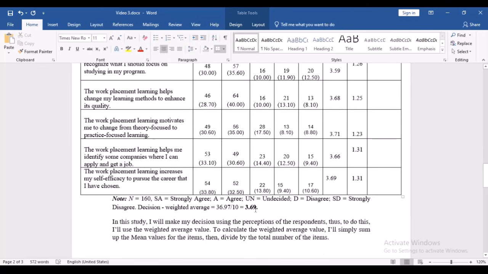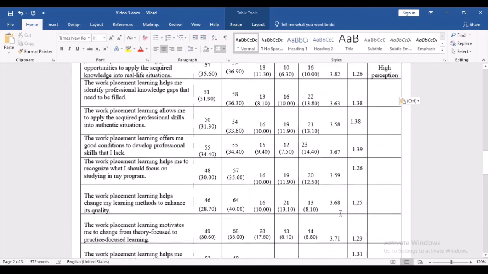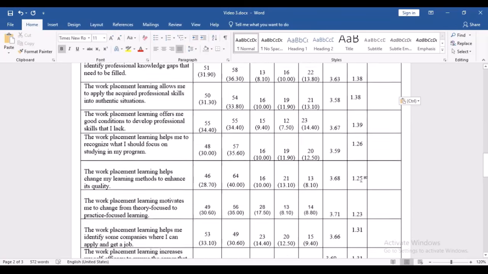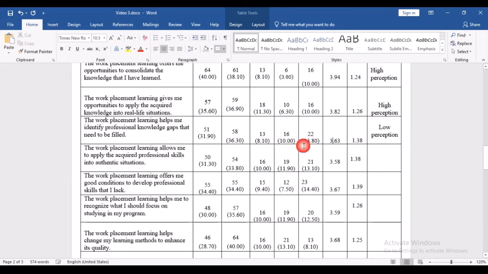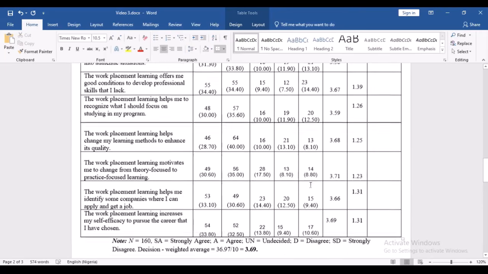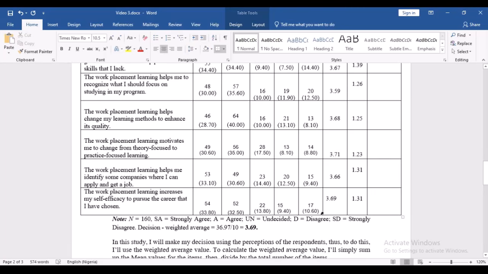Okay, so this is 3.63. So here this is 3.69, so the value of the weighted average is bigger than this. So we are now saying that this is going to be low perception, because the mean for this particular item is lower than 3.69.